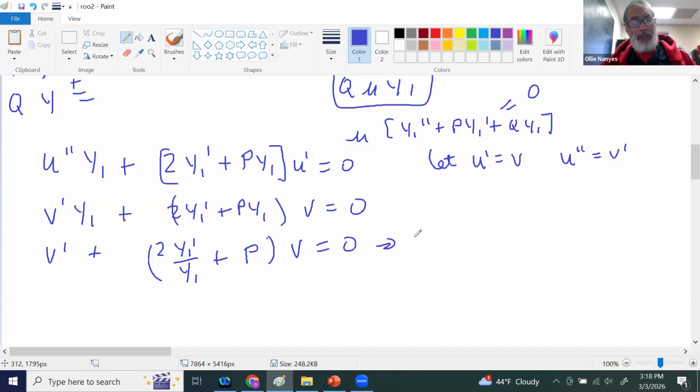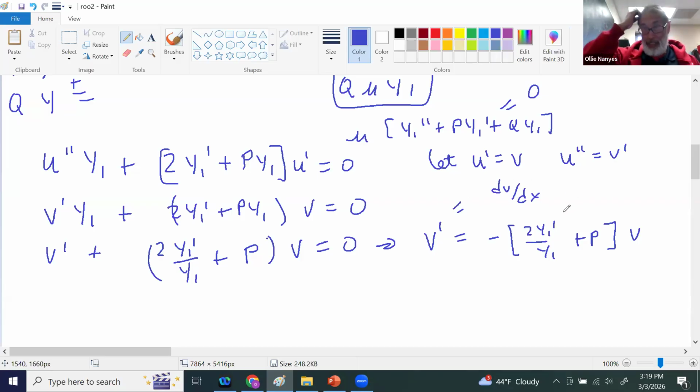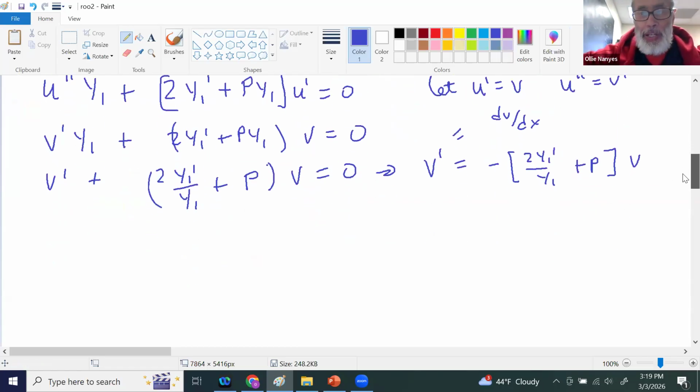And now what we do is we move this to the other side. But now remember, v prime is really dv dx. So what we can do is the old separation of variables, although you could use linear first order here and get an integrating factor if you really wanted to, and that would work.